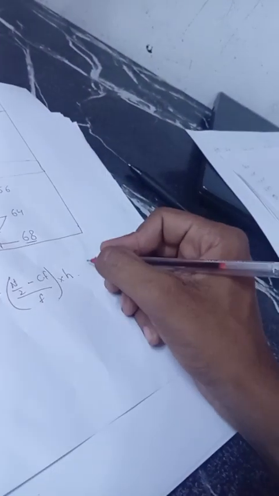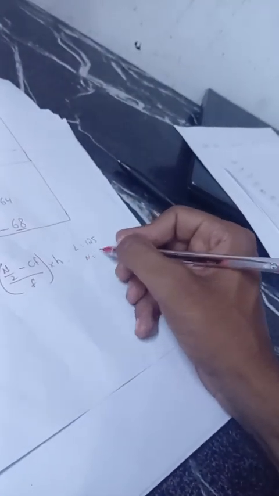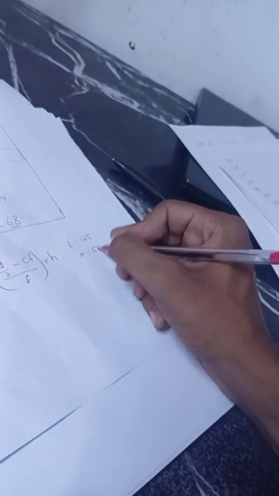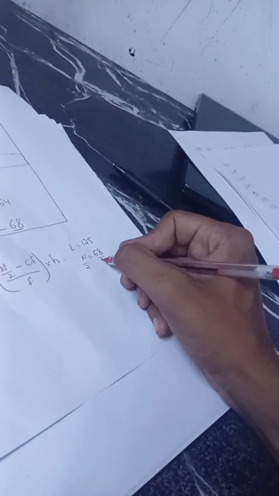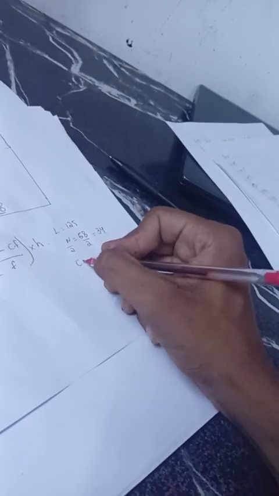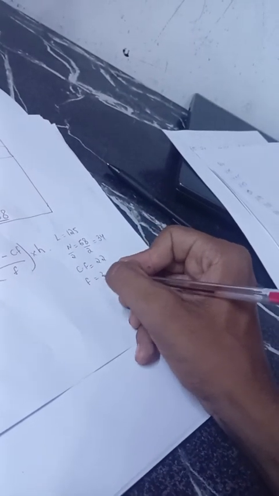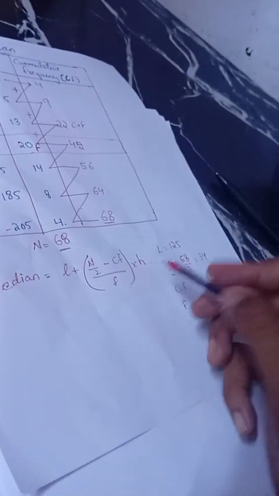So now you got L is equal to 125, N is equal to 68, so N by 2 is equal to 68 by 2, which is equal to 34. Now your CF is equal to 22, your f is equal to 20. Now we are left with h, right? h is the height of the median class.